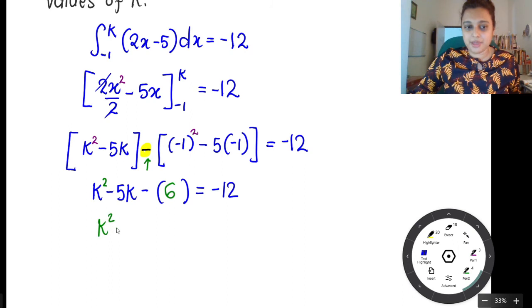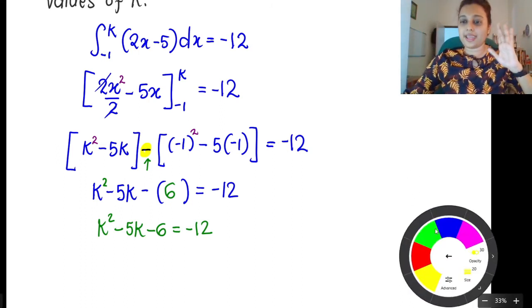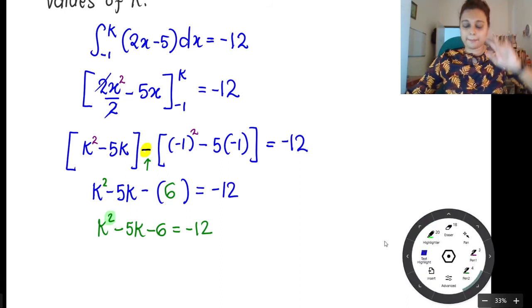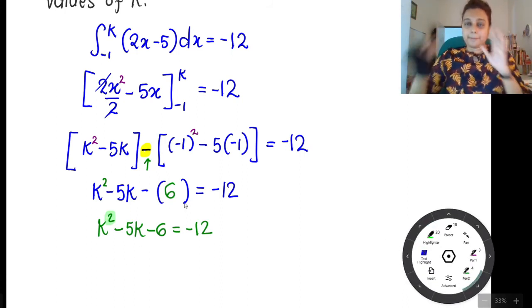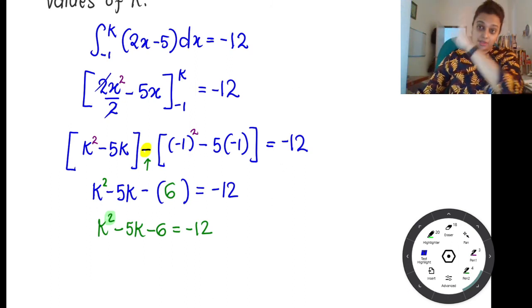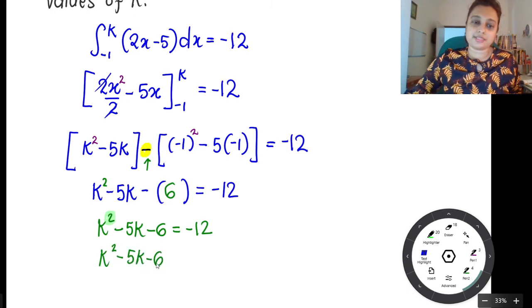Now, does this remind you of anything? How to solve the k? Remember, whenever you see a square, power of 2, bring whatever is behind the equal sign, bring all of them to the front. So it becomes k square minus 5k minus 6 plus 12 equals to 0.